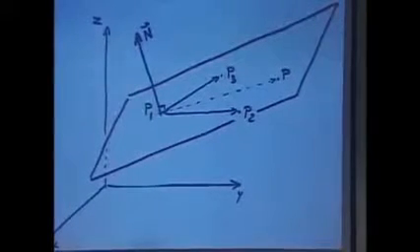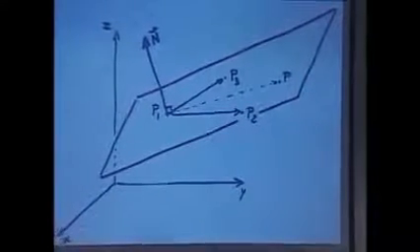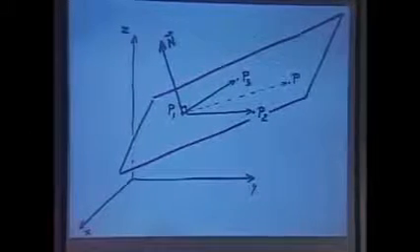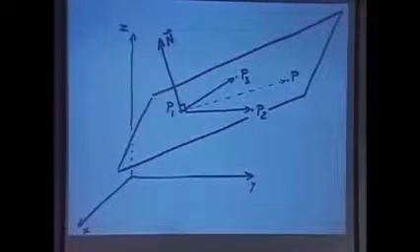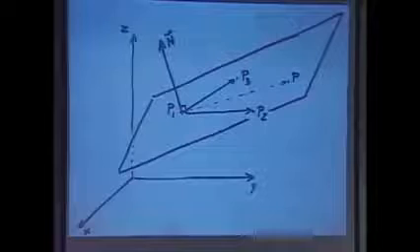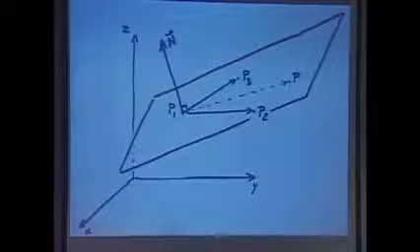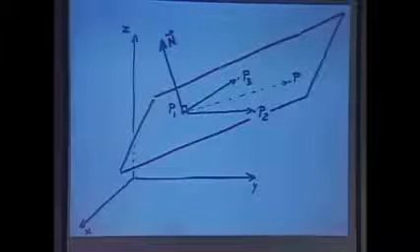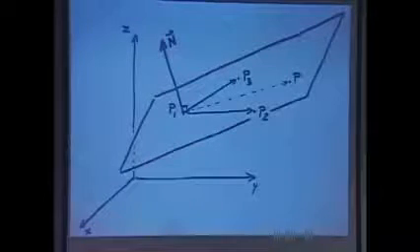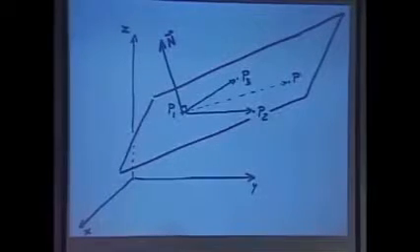Why is that? Let's say that we know how to find a vector that's perpendicular to our plane. Then what does it mean for the point P to be in the plane? It means that the direction from P1 to P has to be perpendicular to this vector n. So here's another solution.